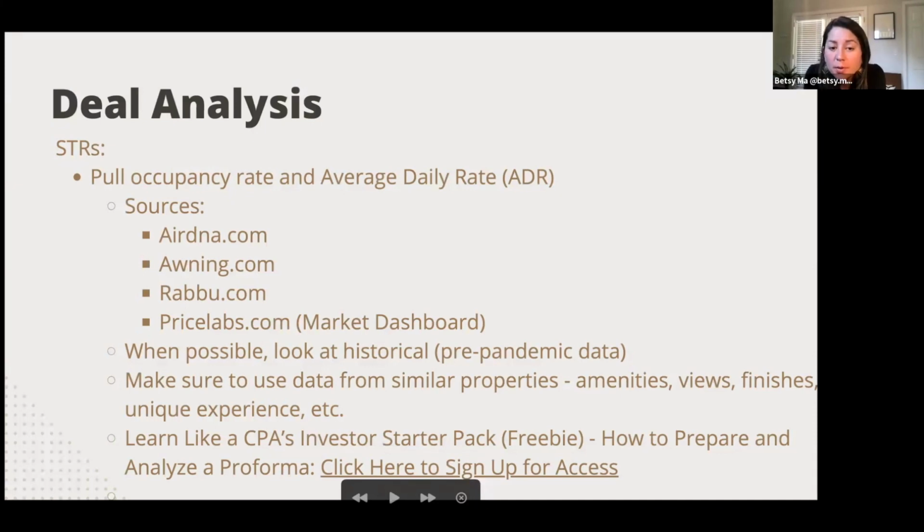You want to look at pre-pandemic data as well as current data. Make sure you are looking at similar properties: not just bedroom count and bathroom count, but also the style and architecture of the property, and also the amenities, the views, the finishes, any unique experiences.